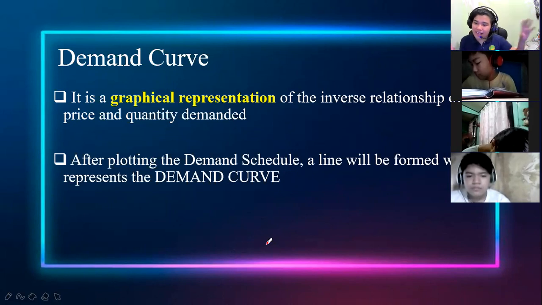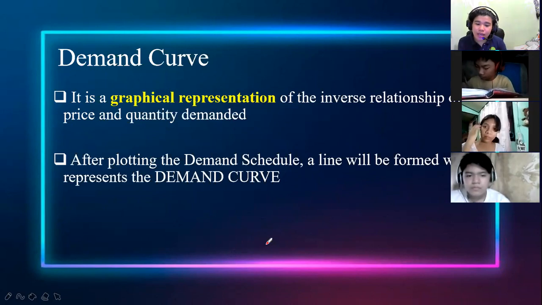So you see, a little bit of mathematics is touched by the economics of demand and supply. Anyway, the demand curve is a graphical representation of the inverse relationship of price and quantity demanded. After you compute the demand schedule, the table, that's the time you can do the demand curve.